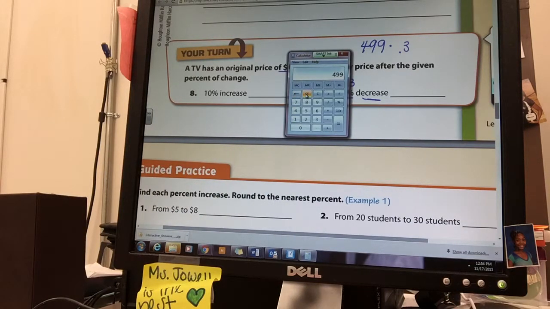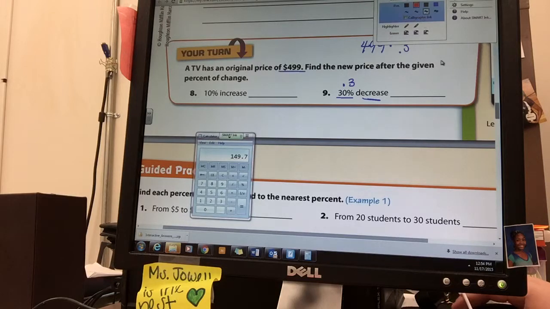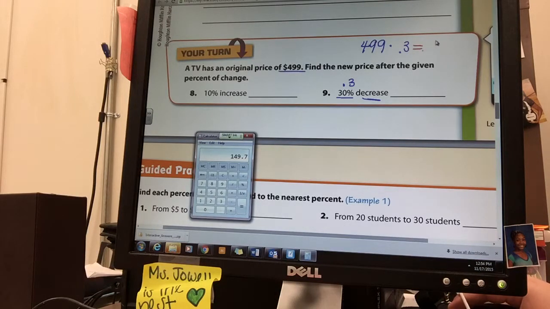I'm going to do 499 times decimal 0.3. And I get 149.7. So that equals 149.7. Now we're not done. That's not how much the TV is now. It's how much was decreased off of it. So now I have to do 499, and since it is a decrease, I will subtract 149.7.